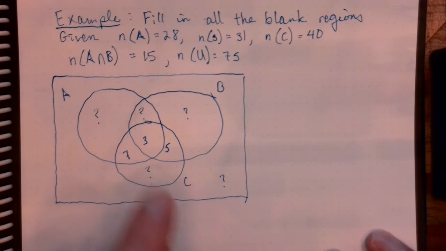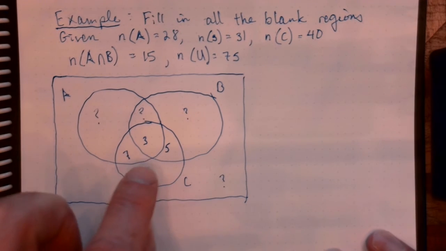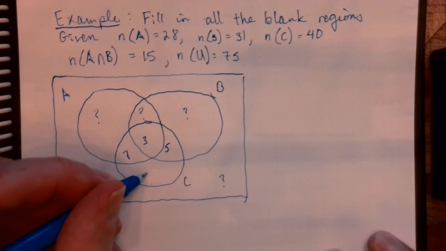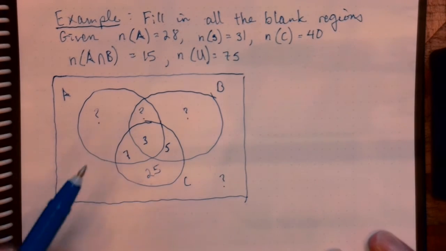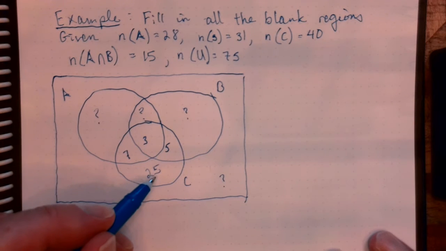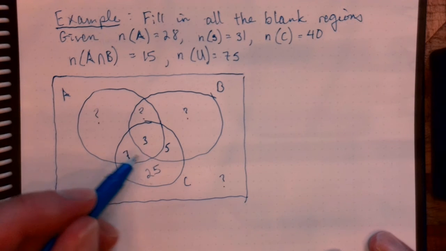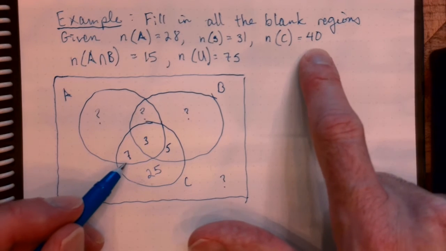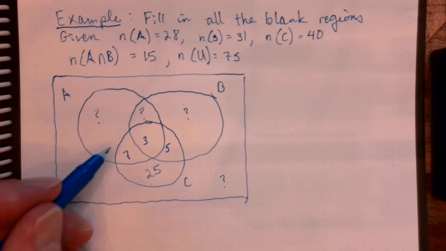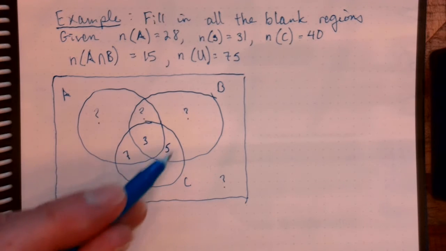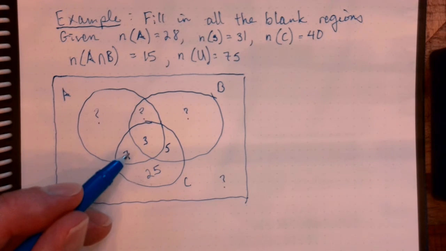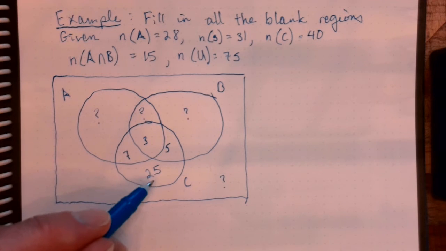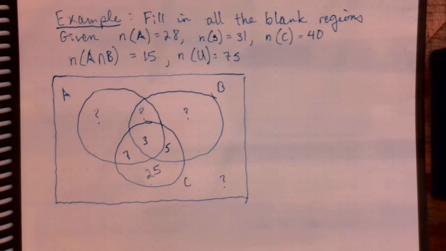If I've already accounted for 15 and I want my total to be 40, that's going to have to be a 25, because 25 plus 15 is 40. The circle representing C has to have 40 items in it. There were 7 here, 3 here, 5 here. To bring the total to 40, that's got to be a 25.